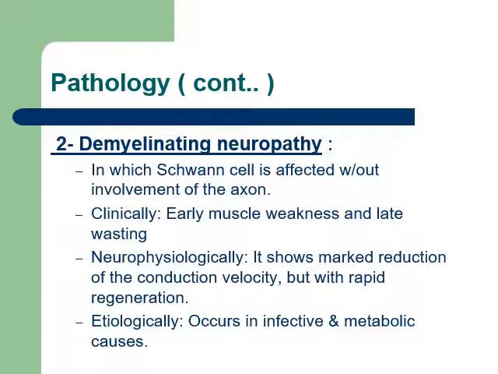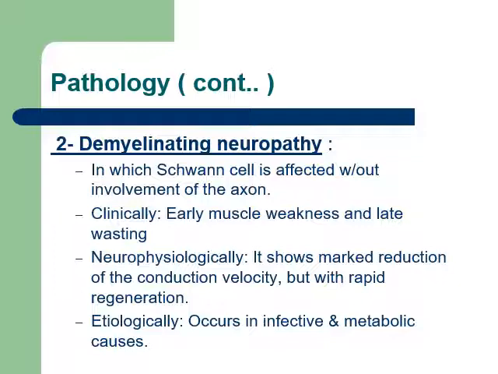While in demyelinating neuropathy, clinically the muscle weakness occurs early, while the muscle wasting occurs late. And this makes sense because in demyelinating neuropathy, the axons are still there at first.